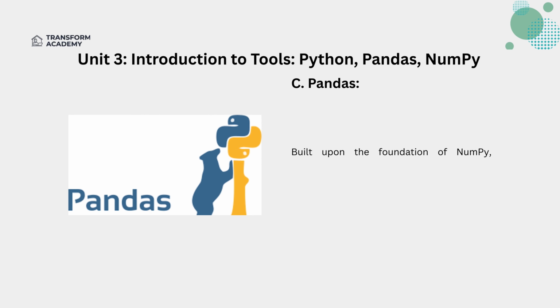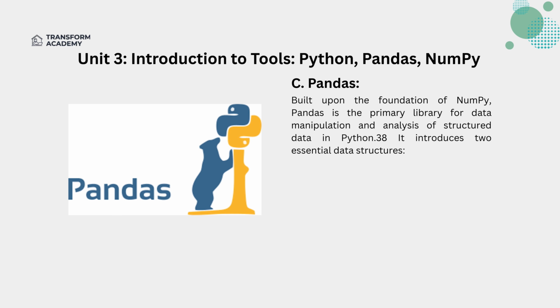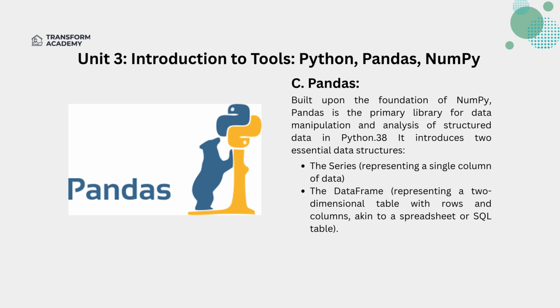C. Pandas. Built upon the foundation of NumPy, Pandas is the primary library for data manipulation and analysis of structured data in Python. It introduces two essential data structures: the Series, which represents a single column of data, and the DataFrame, which represents a two-dimensional table with rows and columns, akin to a spreadsheet or SQL table.